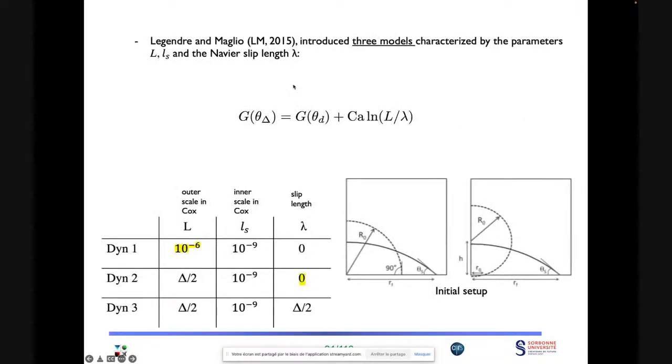Lejeune and Maglio actually developed three different models using the Cox theory, where they have three length scales: the outer length scale L, the inner length scale, and the slip length lambda. So this actually here should be LS. I know it's a bit confusing, but please bear with me. The DIN1 model of Lejeune and Maglio has the outer scale fixed.